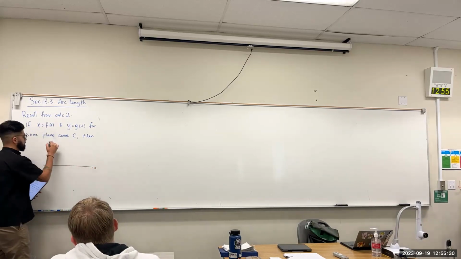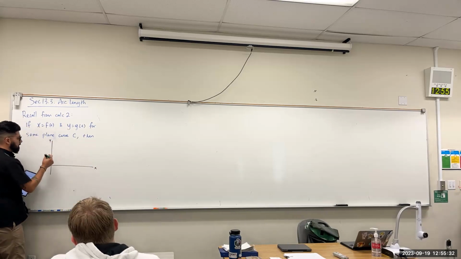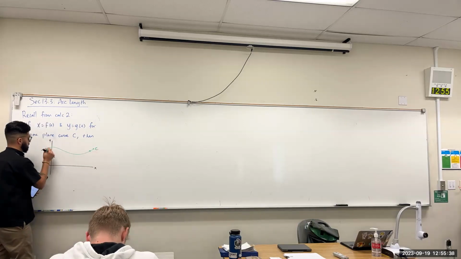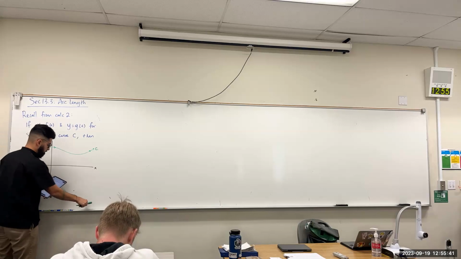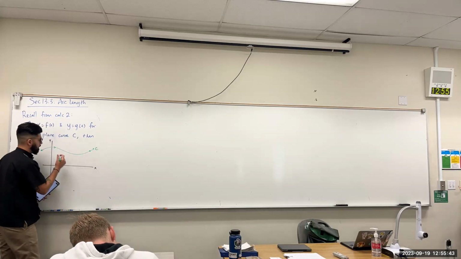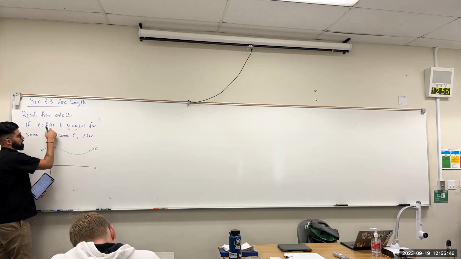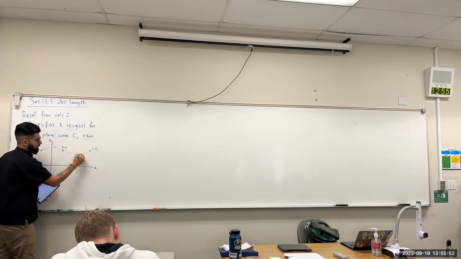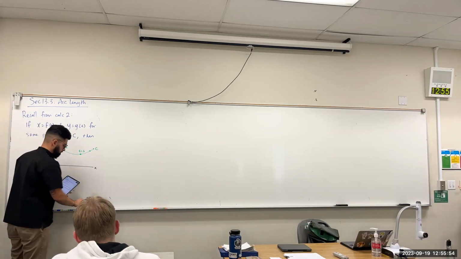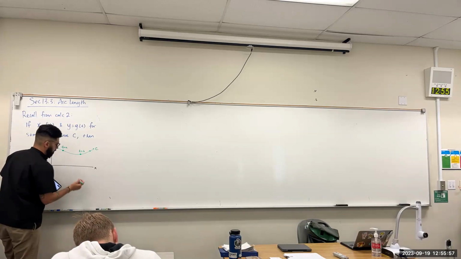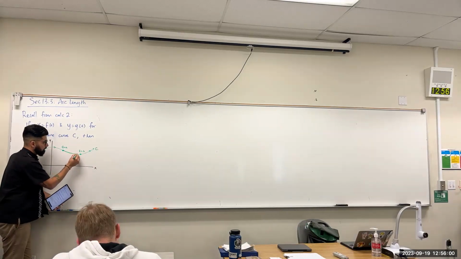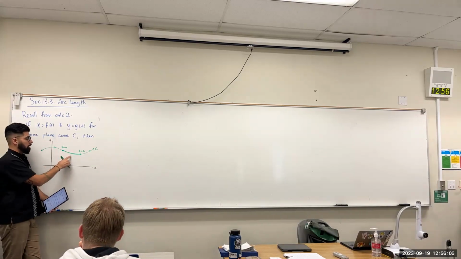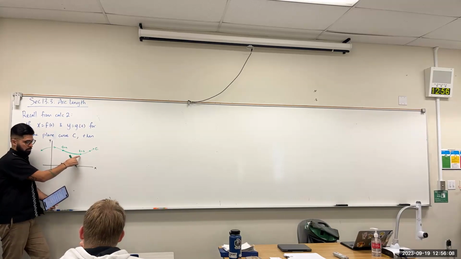So you had x, you had a y, and then you had some curve, C, that was oriented. It's oriented this way. And then you had, at a particular time, right, we're thinking of t as time. Let's say at time A, you're at this point, and at time B, you're at this point. And so your goal was to find the length, excuse the squeakiness, this length right here. How long is the curve from this point to this point?